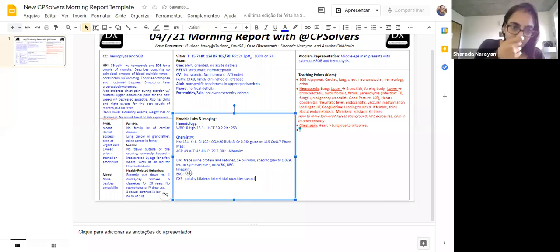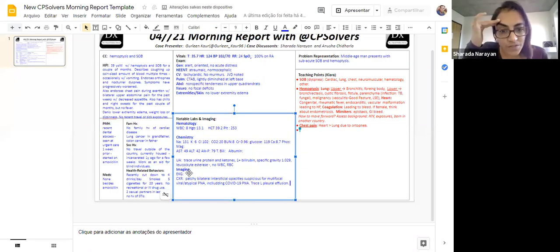The other findings are the JVD and the decreased breath sounds. And then that coupled with the imaging findings of the left atrial enlargement and some sort of non-specific lung findings. I'm trying to put those two together.